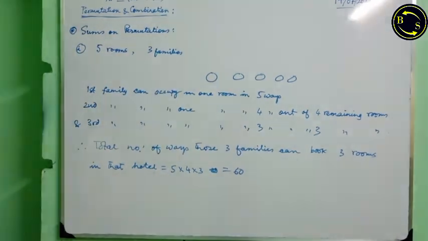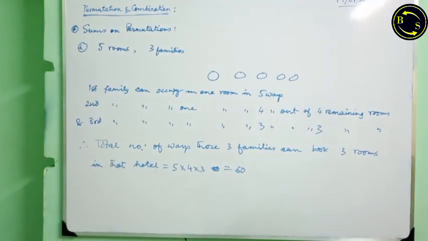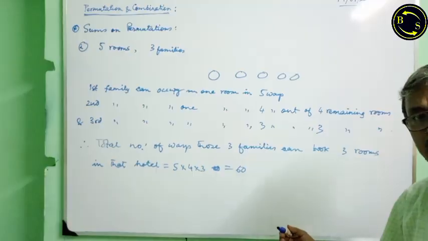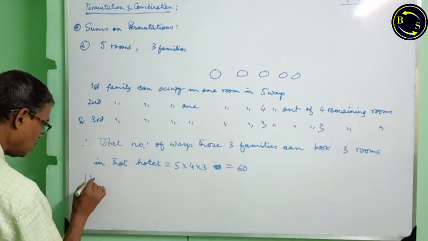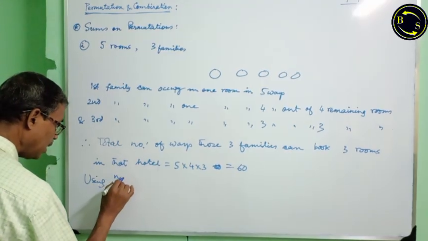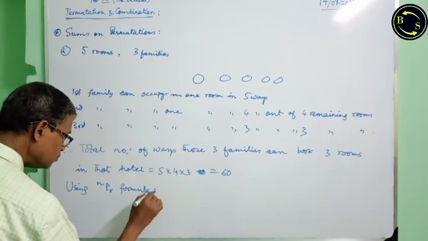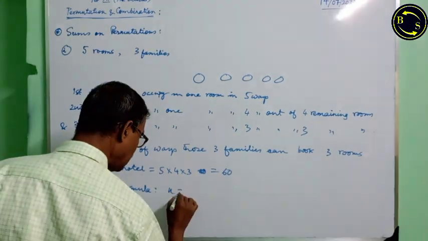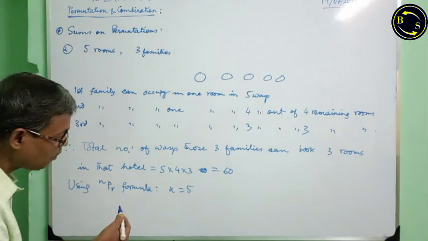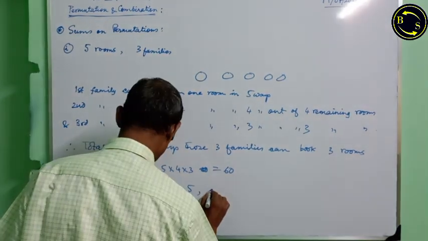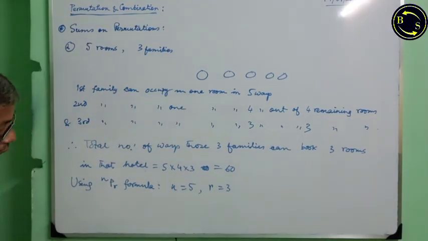Here I have not used the formula of NPR. Now with the help of that formula, using NPR formula, N equal to 5, total number of rooms in the hotel 5, 3 rooms are to be booked.